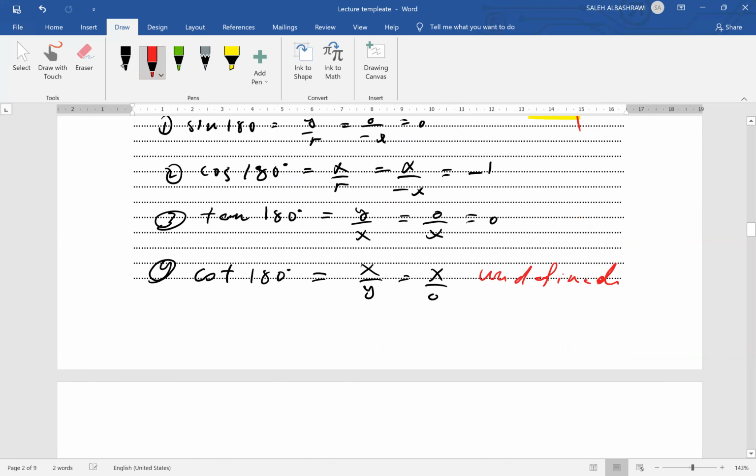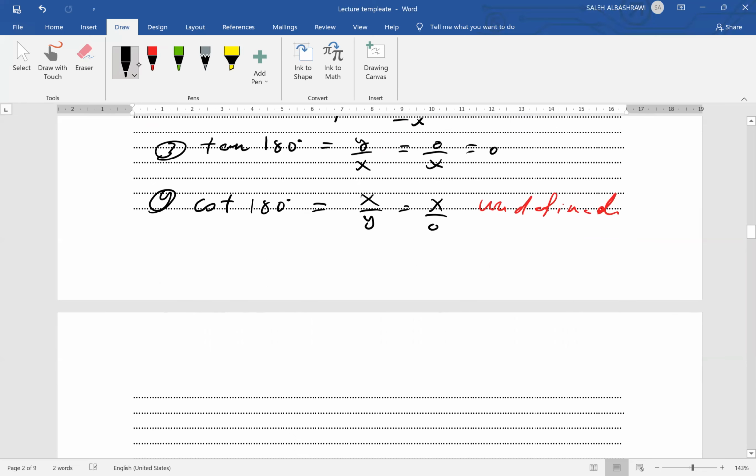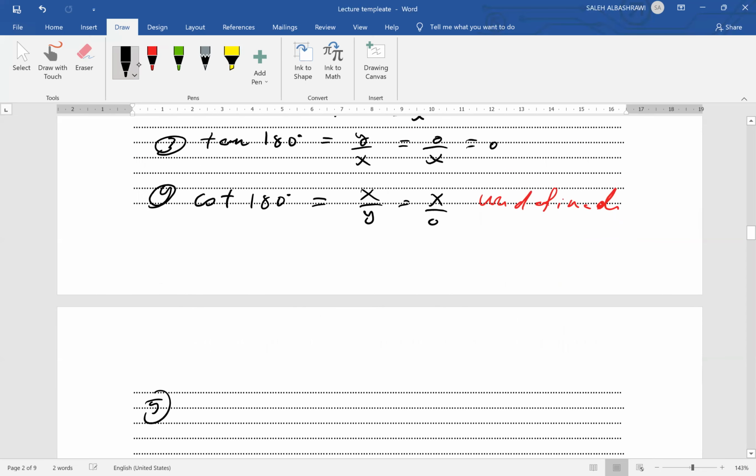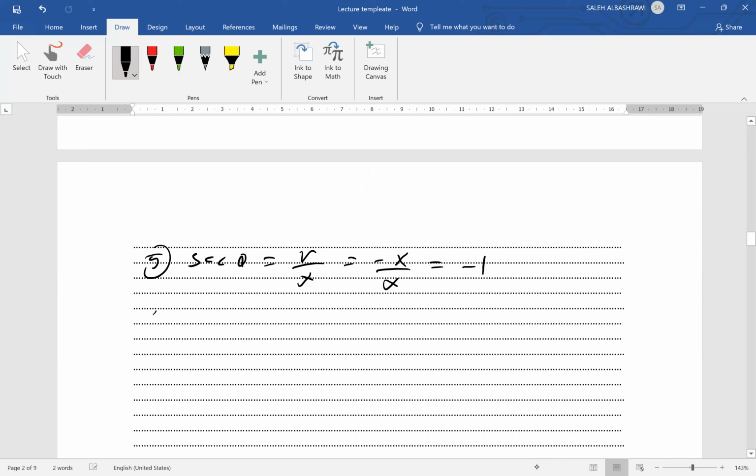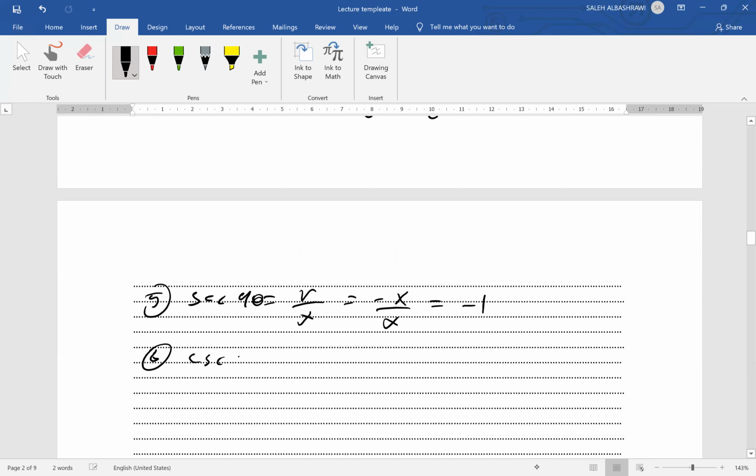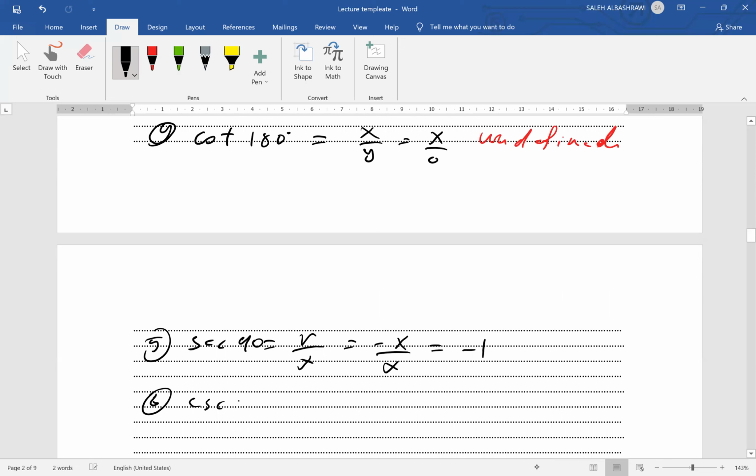Number 5, secant of theta, that is r over x, which is equal to minus x over x, which is equal to minus 1. And last one, number 6, cosecant. Oh, sorry, this is not 90, this should be 180.